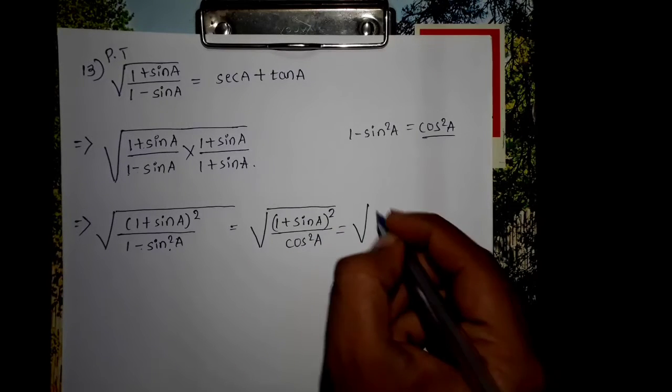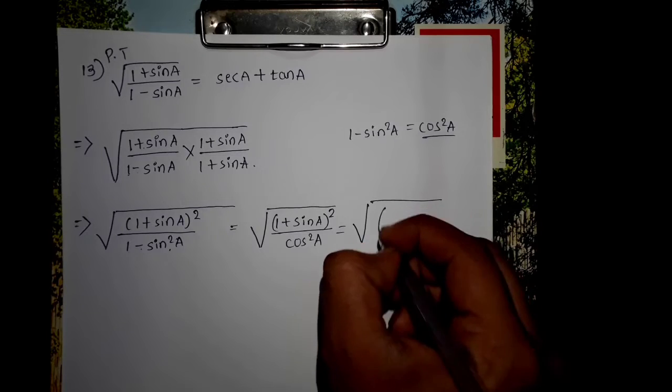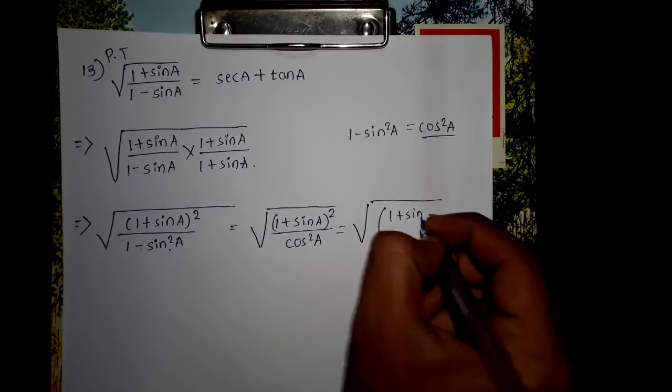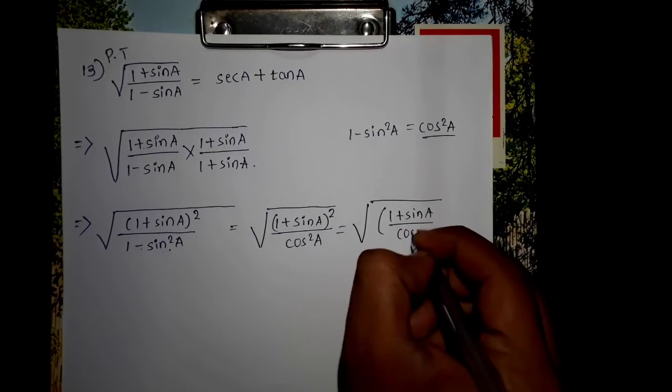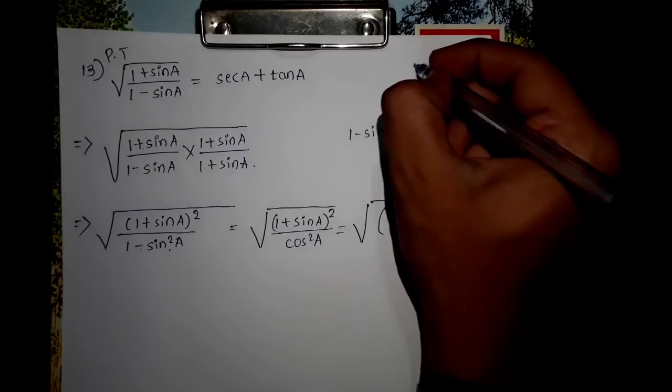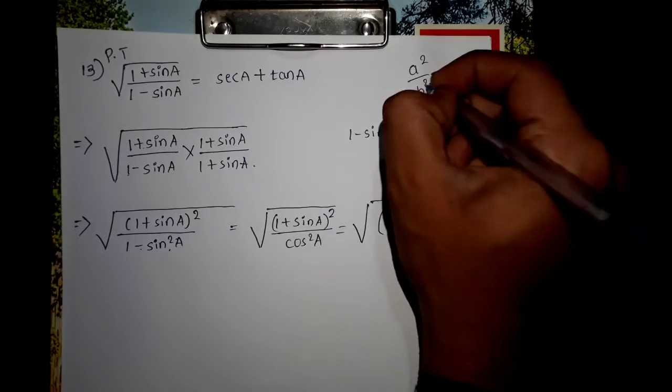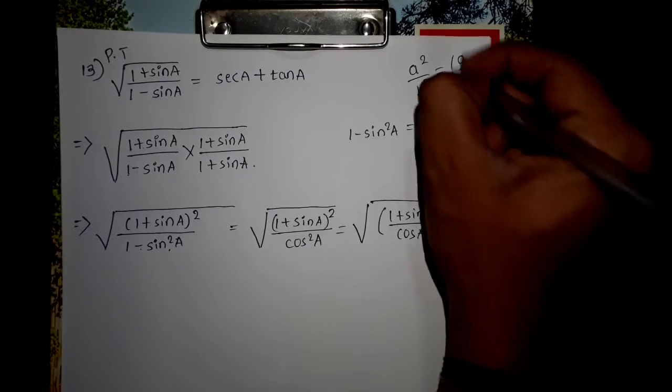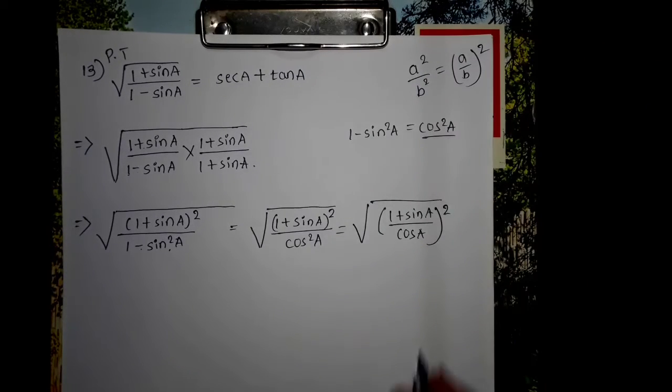Now again, (1 + sinA) divided by cosA, whole square. This means a²/b² can be written as (a/b)². Now square and root get cancelled.